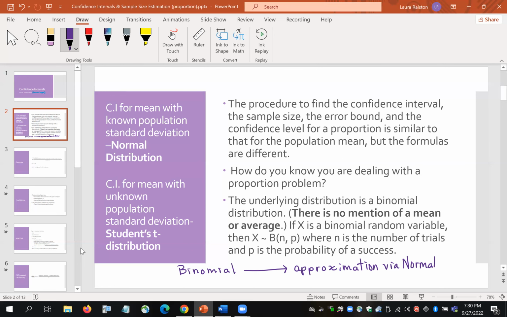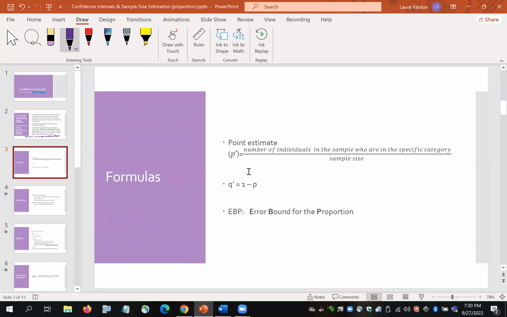The notation does change slightly, again, because we're talking about a percentage or a proportion. So our point estimate is no longer the mean. Our point estimate is the proportion.